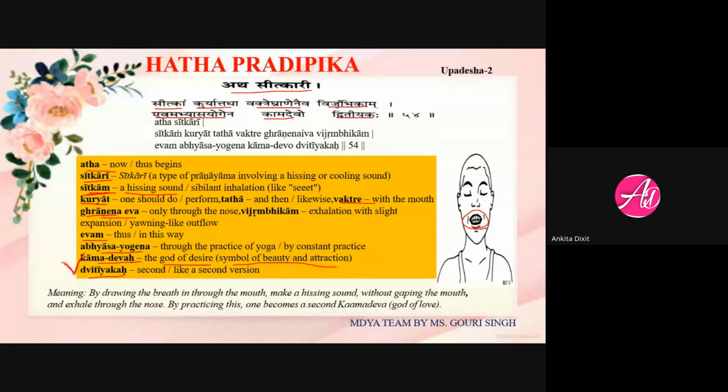Sitkari pranayam. So how do you do sitkari? By opening your mouth and closing your teeth, you inhale through the mouth only and exhale through the nose only. That is the procedure to perform sitkari.